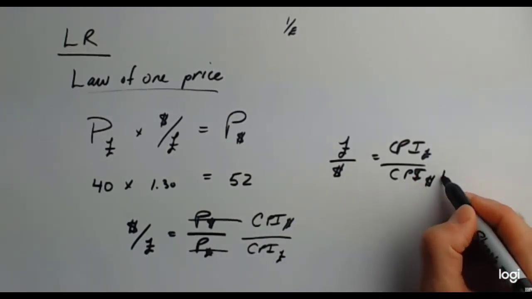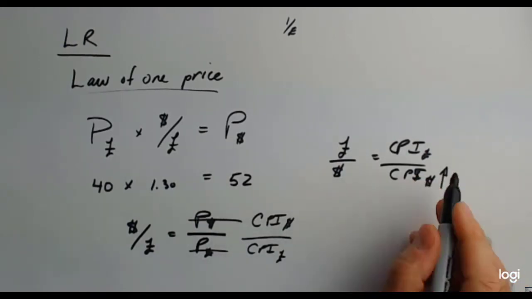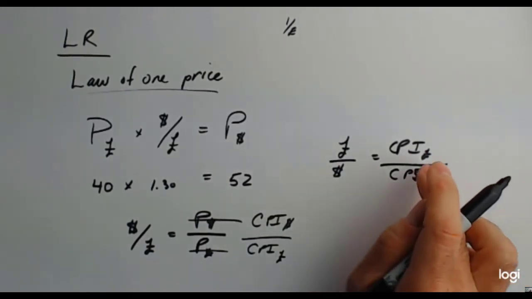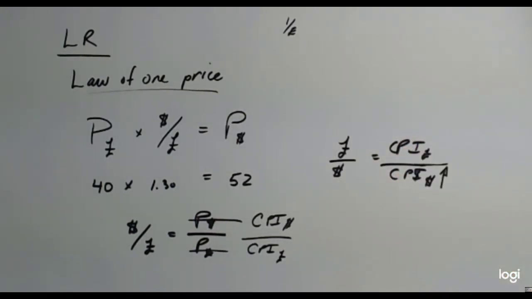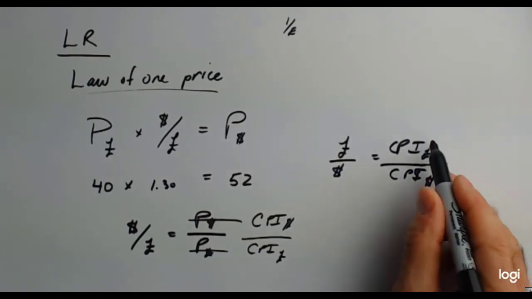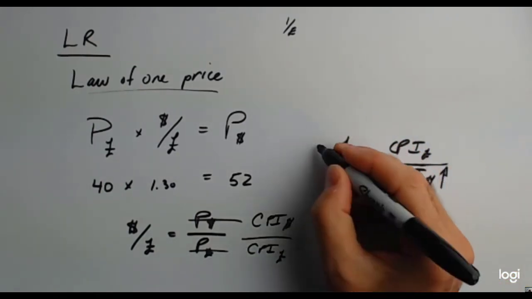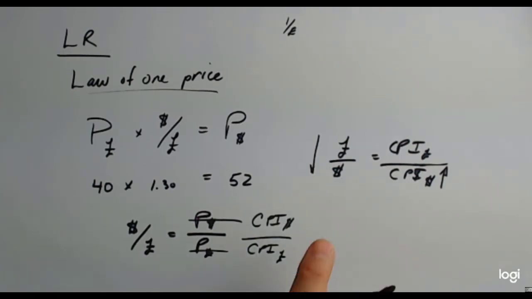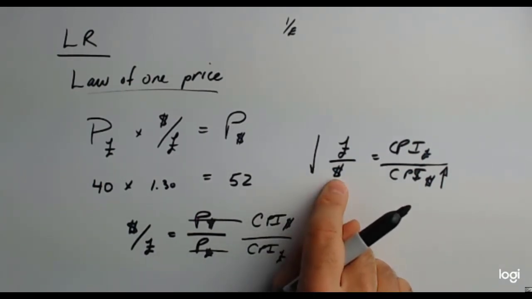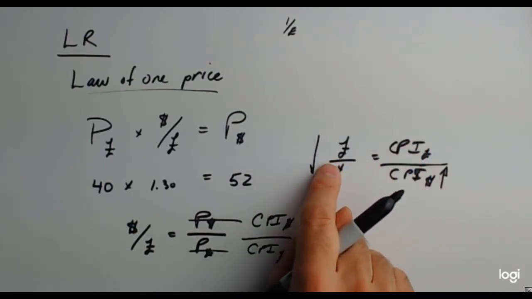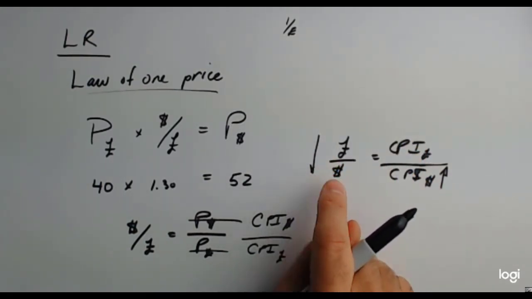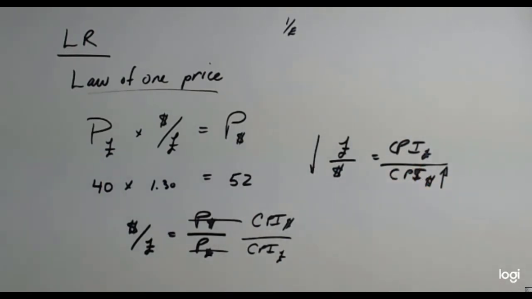Is that, look, if inflation in the U.S. goes up, so the CPI in the U.S. goes up relative to the price index in the UK, then this whole fraction right here is going to get smaller, and this exchange rate's going to drop, and the value of the dollar is going to be less because we have US inflation that's higher than UK inflation. The value of the dollar is going to drop off. So there's a motivation for talking about relative prices right there. It's the law of one price applied in aggregate.